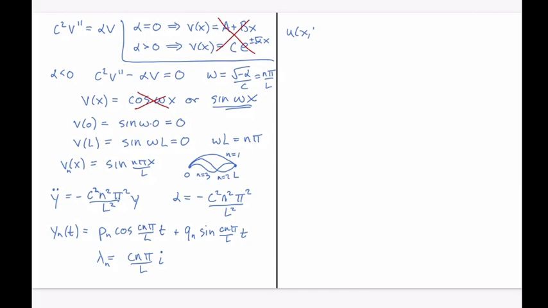It's going to be u of x and t equal to the sum from n equal 1 to infinity of P n cosine c n pi t over L plus Q n sine of c n pi t over L. And all that gets multiplied by the eigenmode sine of n pi x over L. And that is our general solution to the wave equation with Dirichlet boundary conditions.